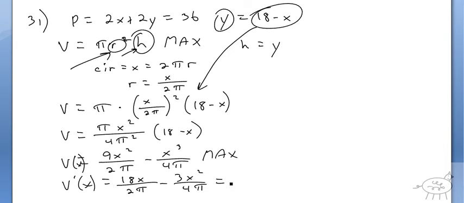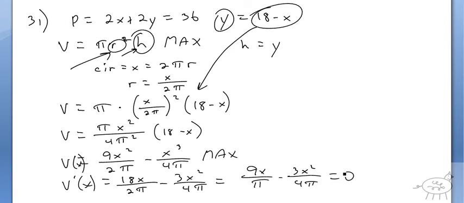And if I simplify that, I get 9x over pi minus 3x squared over 4 pi. All right, that's pretty easy. And I set that equal to 0.